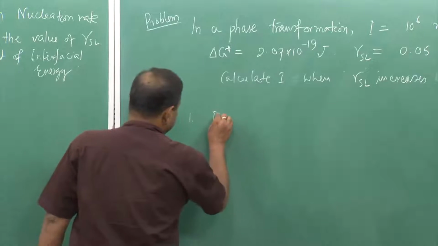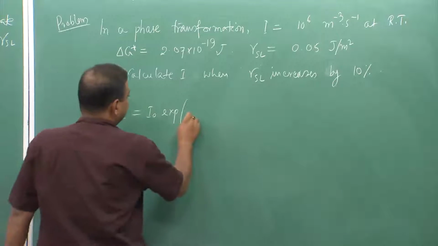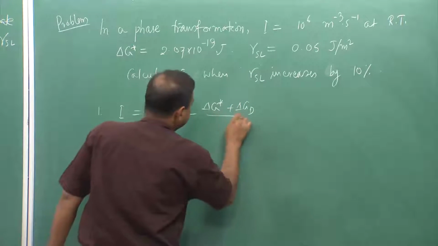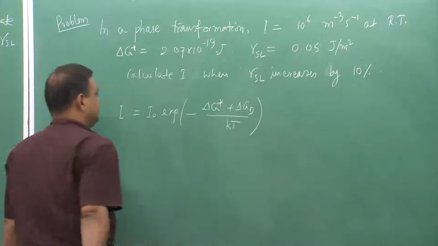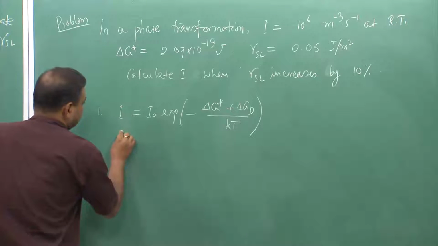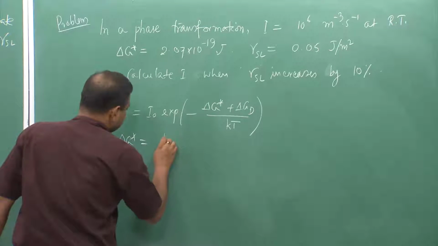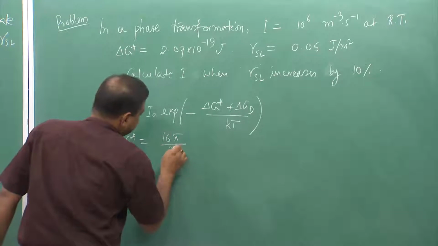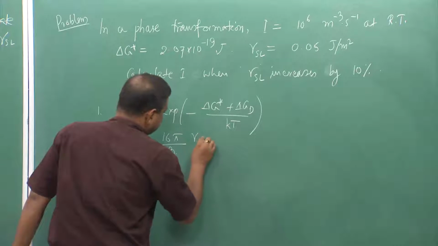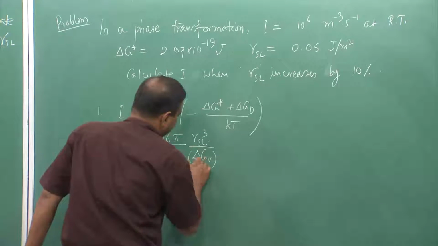First equation is I equals I0 exponential minus (del G star plus del G d) by kT, and then del G star is equal to 16 pi gamma SL cube by 3 del G V square.